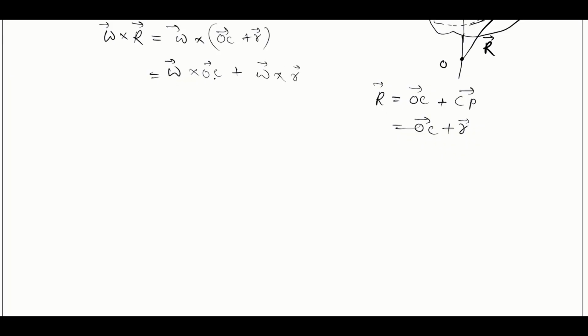Now this OC vector and omega vector are in the same direction, so their angle will be 0 degree, and this is omega OC sin theta, sin 0 degree. So sin 0 degree means 0. That means this term will be 0, plus omega cross r vector. So we get omega cross r vector.